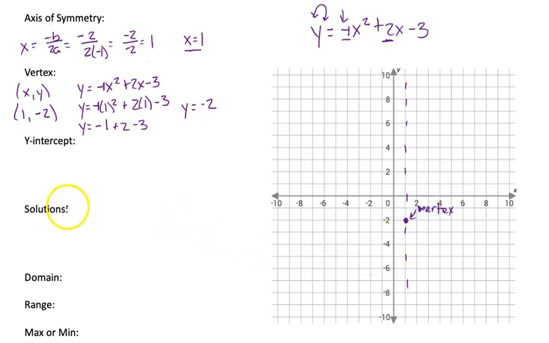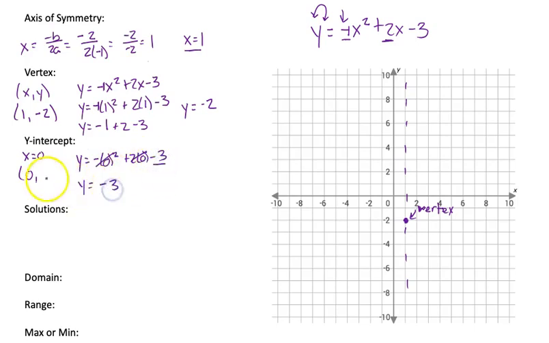I'm going to look for my y-intercept. Now remember, y-intercept is still where x equals 0. So I'm going to input that. So y equals negative 0 squared plus 2 times 0 minus 3. Again, just start thinking, these are always going to be 0, which means it's just going to be whatever the c is.